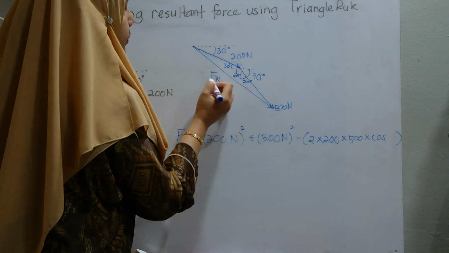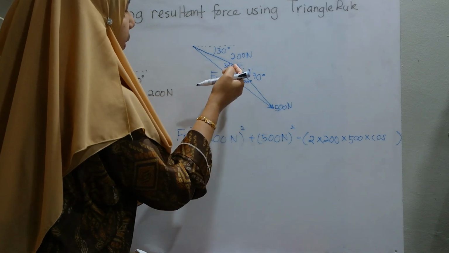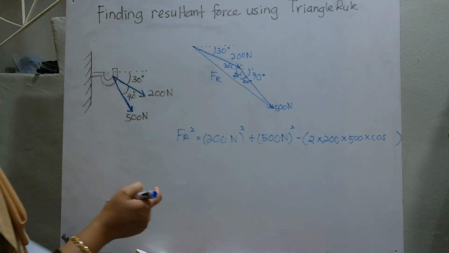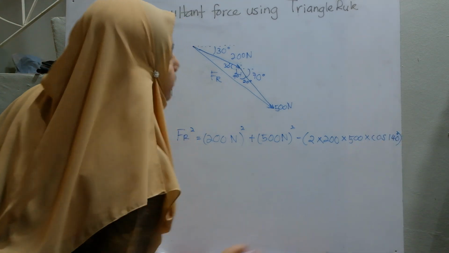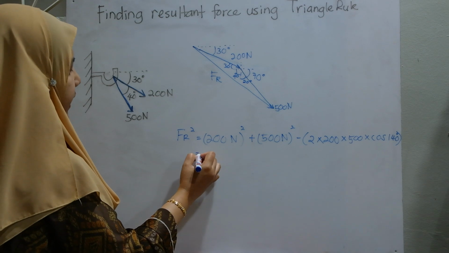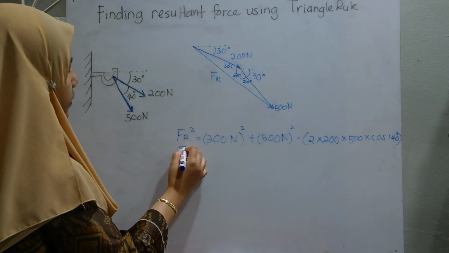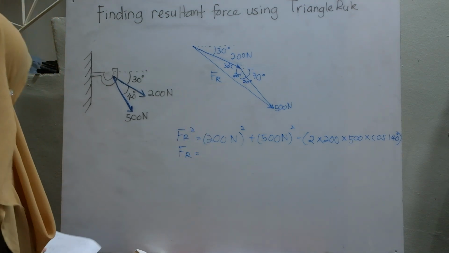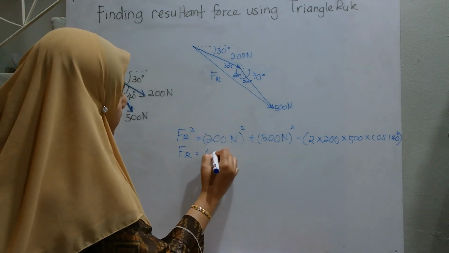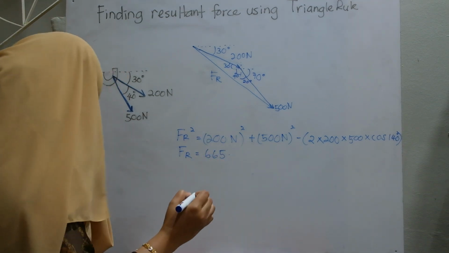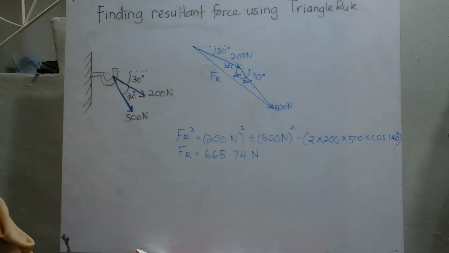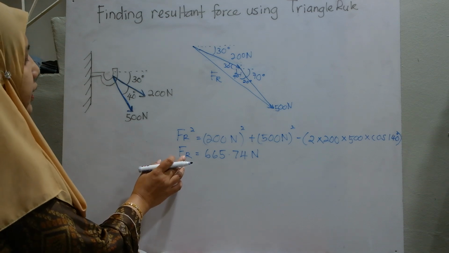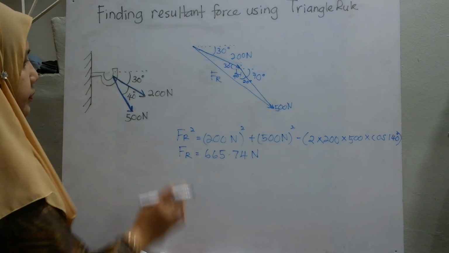So totaling up, the angle here will be 140 degrees. Then we calculate, and we get our resultant force as 665.74 Newton. That is the magnitude of your resultant force.